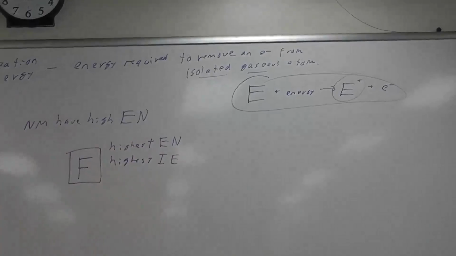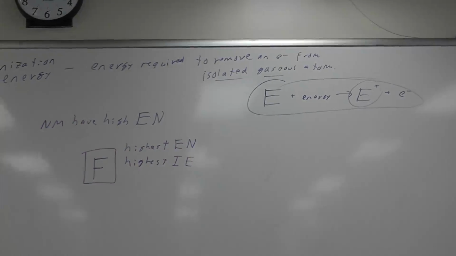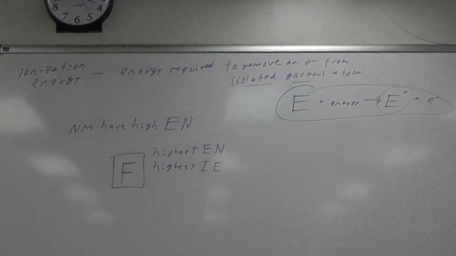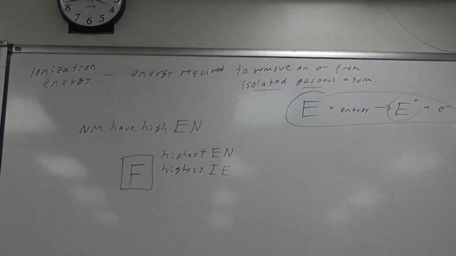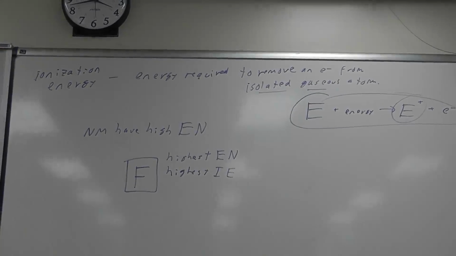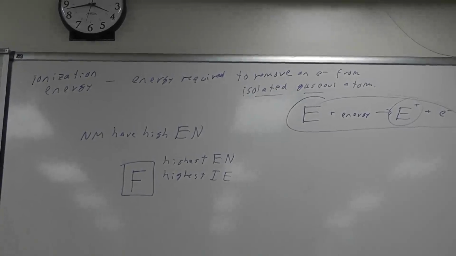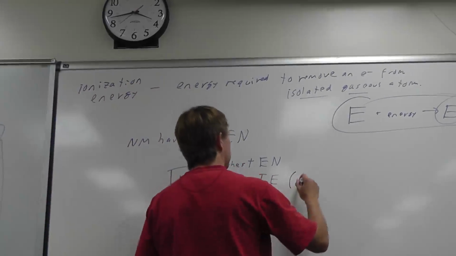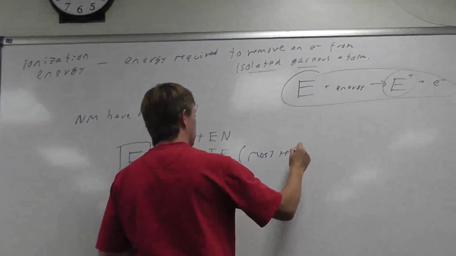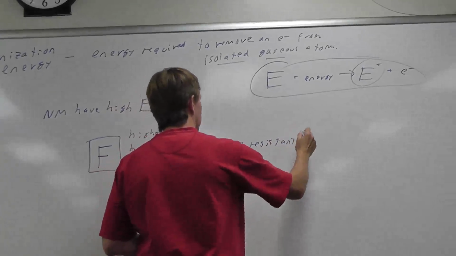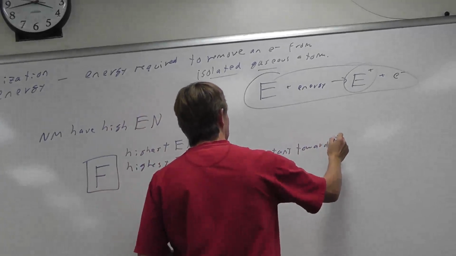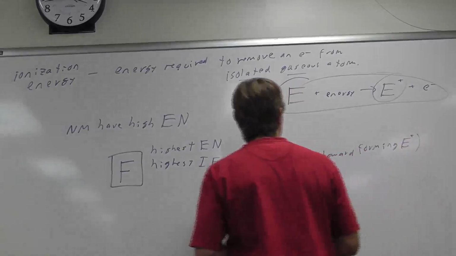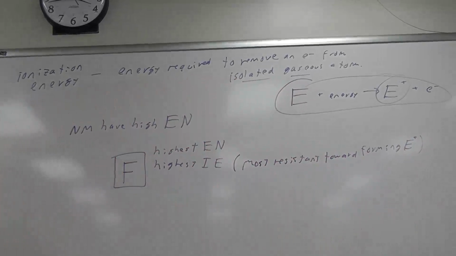And fluorine is the highest. Of your reactive elements, fluorine has the highest ionization energy. It is the most resistant toward forming that cation.